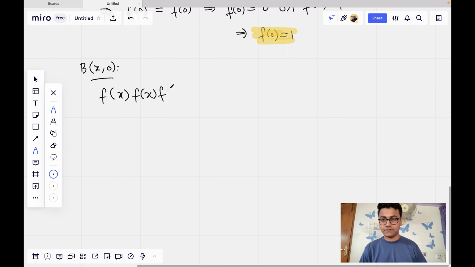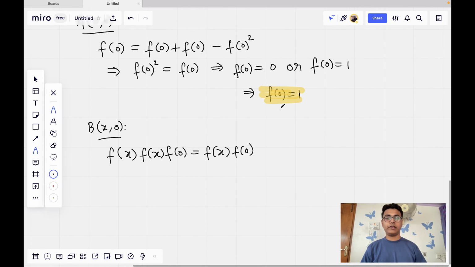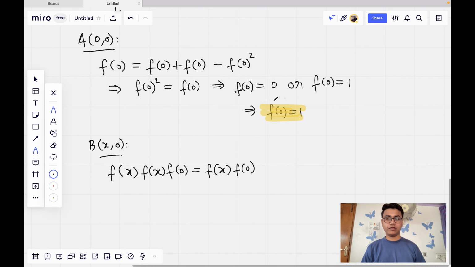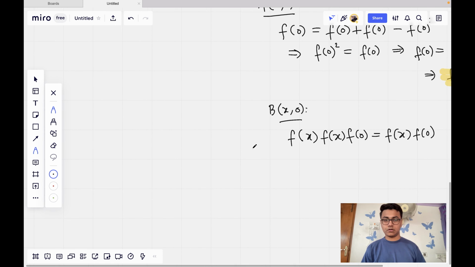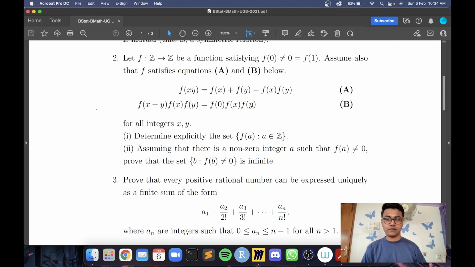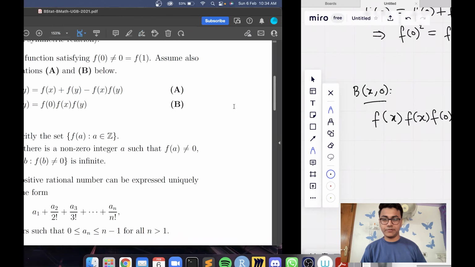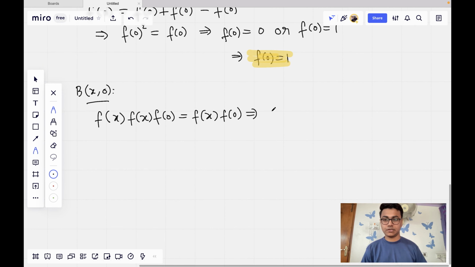Okay, we already have f of 0 is equal to 1, we will use that value. So here this f of 0 is already becoming 1. This just becomes f of x squared is equal to f of x.